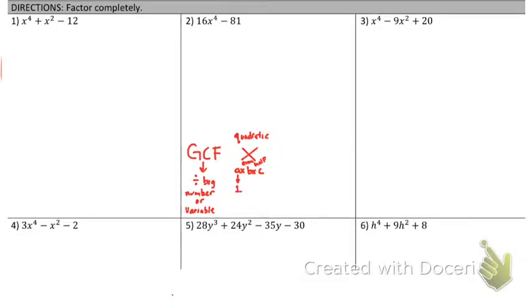Not only does it have to have the quadratic pattern, which is an even power, half of that power as the middle term, and then a constant at the end, a number without a variable, but on top of that, the number with the even highest power should be 1.